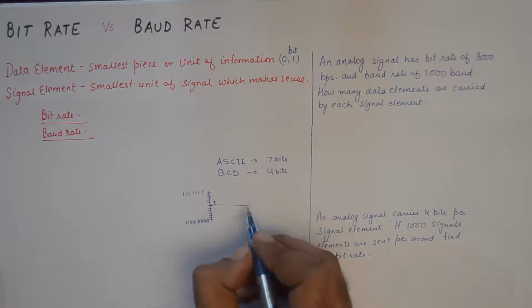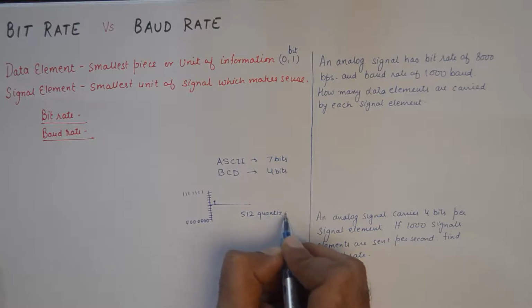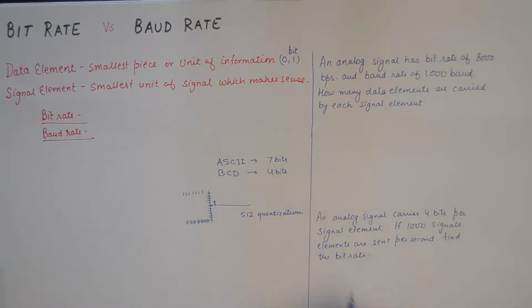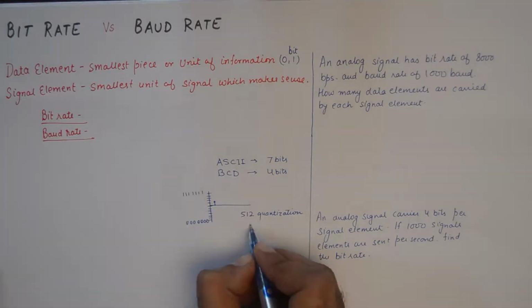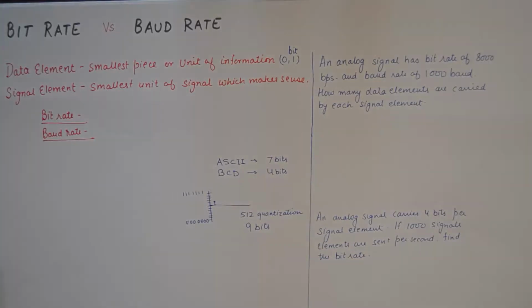And if you were to use 512 quantization levels, then the signal length will become 9 bits, depending upon how many bits are required to carry one.